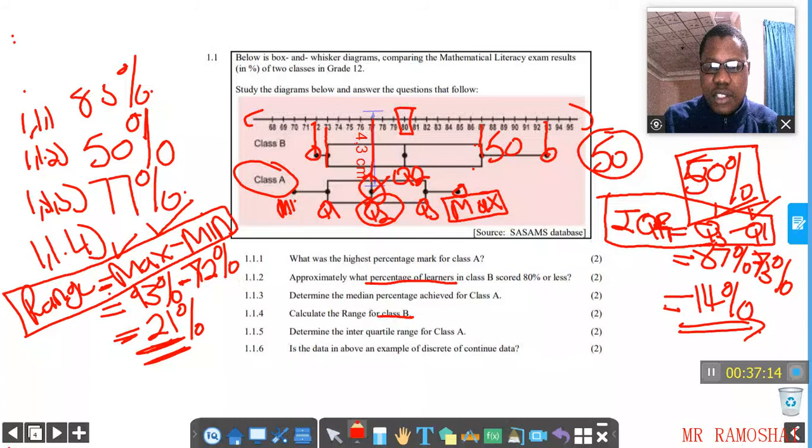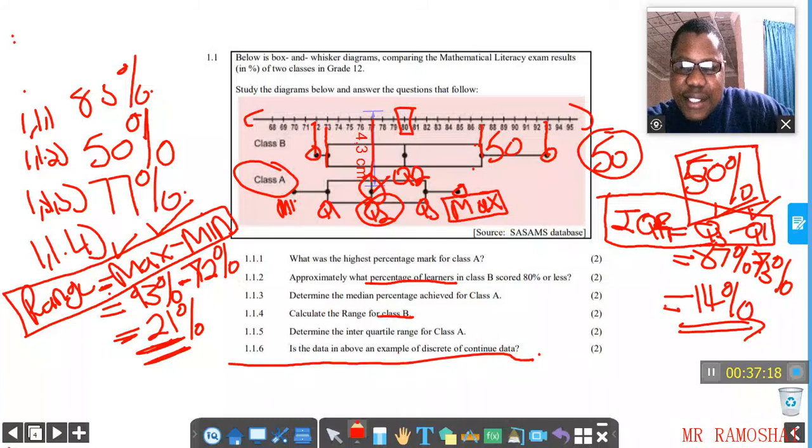Okay, let's go to the last one. Is the data above an example of discrete or continuous data? I wish this question was again saying explain your answer.